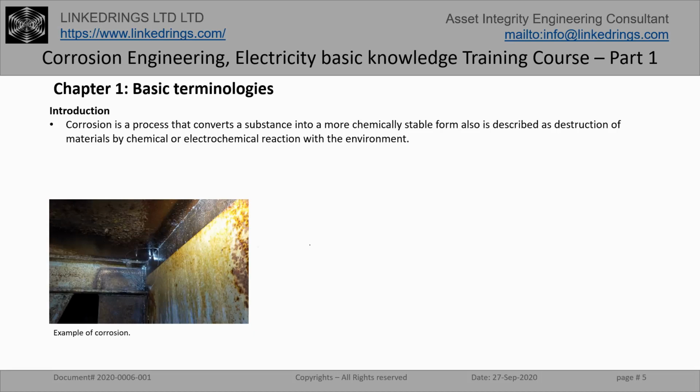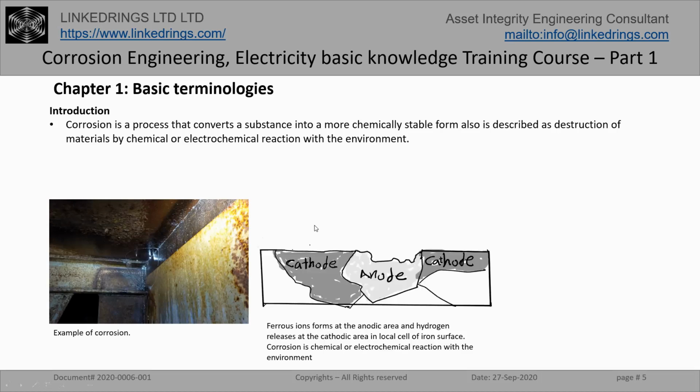An example of the very famous form of corrosion, which we are familiar with, is rust. Ferrous ions form at the anodic area, and hydrogen is released at the cathodic area in a local cell on the iron surface.